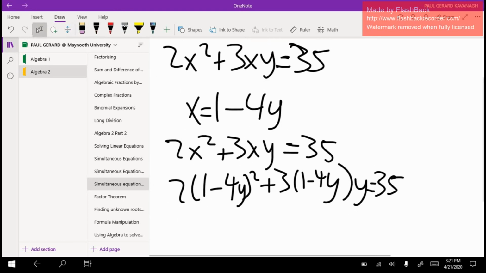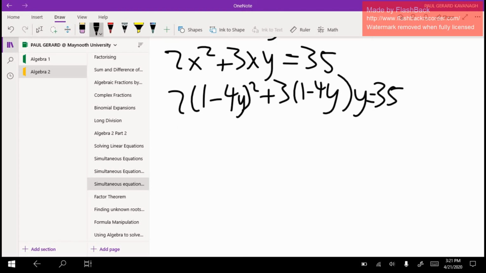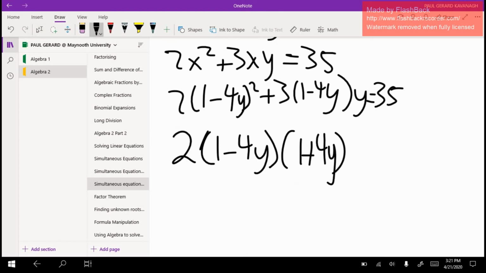And basically what you can do now is factorize, because you have one that is similar to the difference of two squares, and it's going to look very similar. If there is a minus sign in it, then it means that one of the expressions is a plus and one of them is a minus.